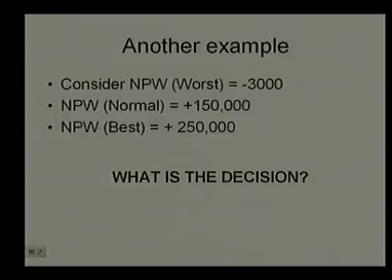Now, can you tell me what would be your decision? If you see this particular data, most of the people, even if they are afraid of taking risk, will like to go for such option, because they find that even if the worst scenario prevails, there is very little that they can lose. Whereas, if they see the gain, it is substantially higher.